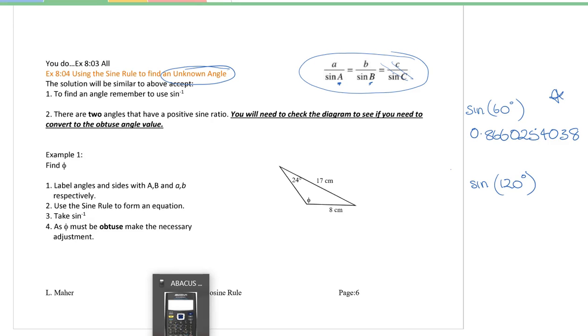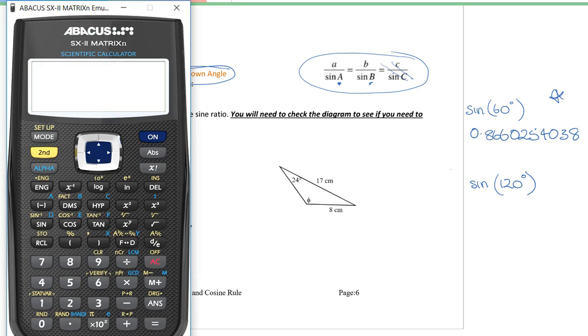Now, I'll work through finding the sine of an acute angle. Let's say we want sine, turn that on, sine 60, close the bracket. You can see that I've asked the calculator for the sine of 60. It's told me 0.866254038.